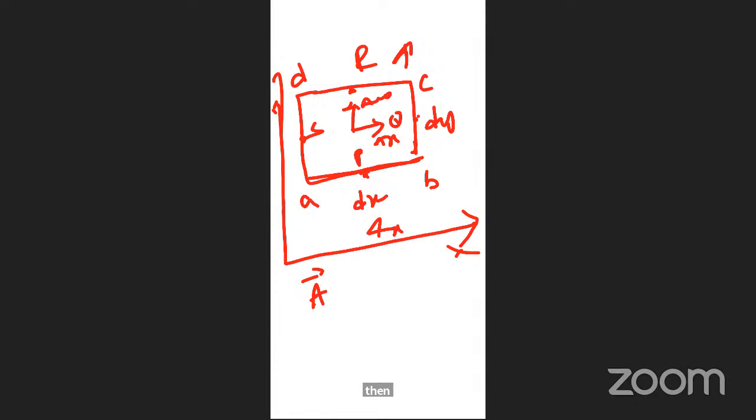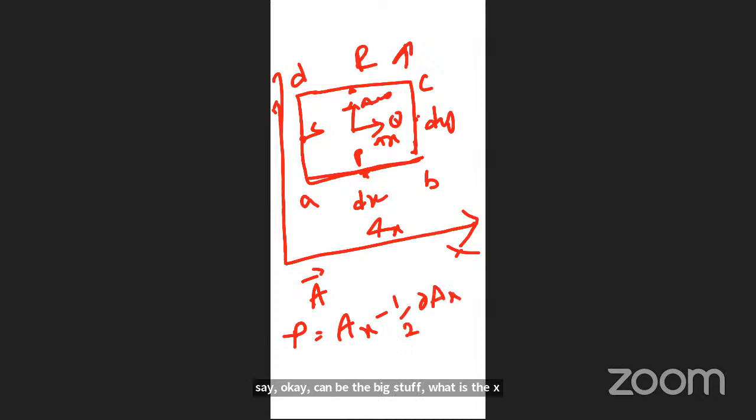The value of Ax at a point P is equal to Ax minus of dou Ax by dou y into dy.